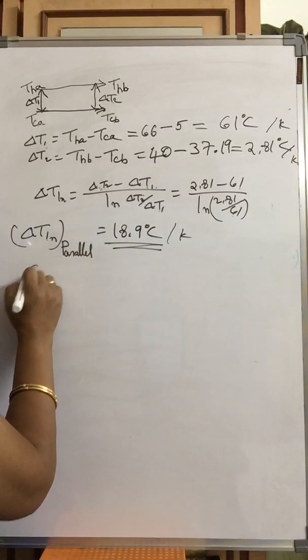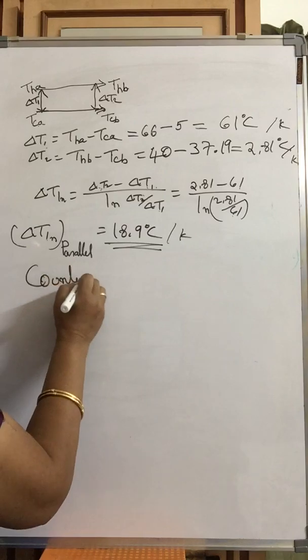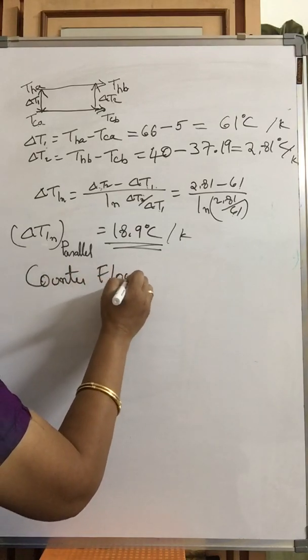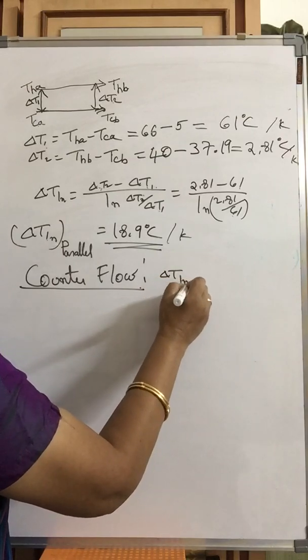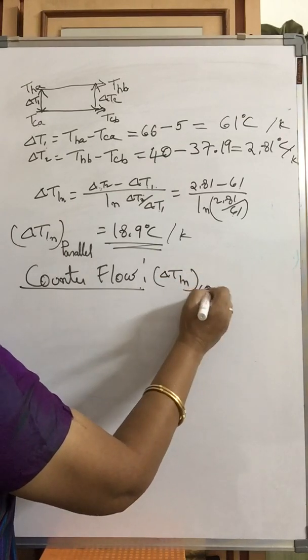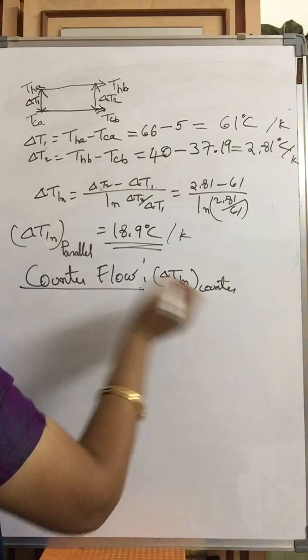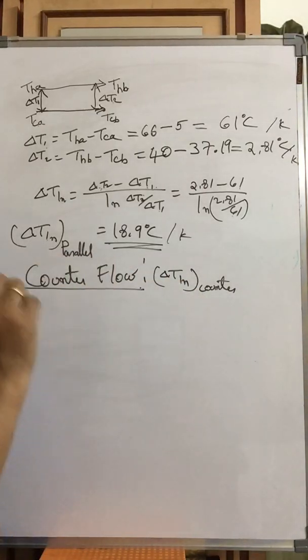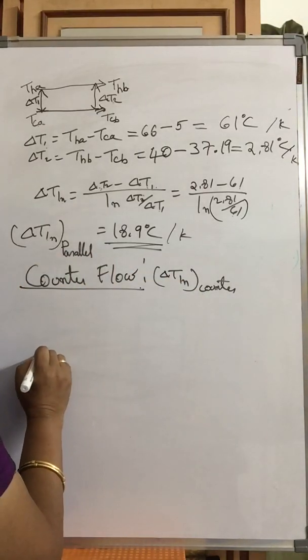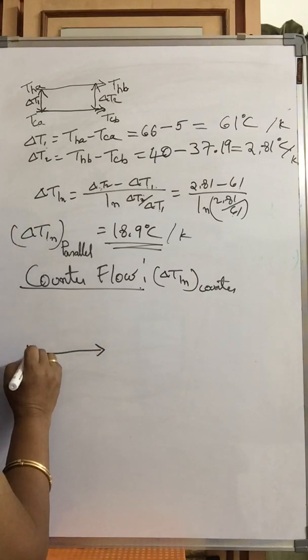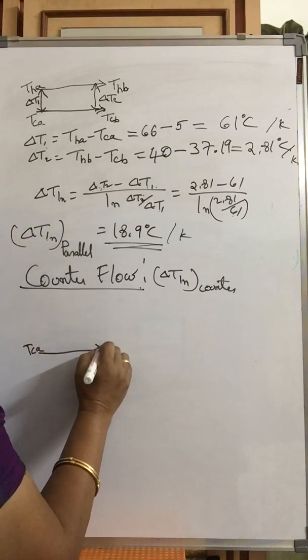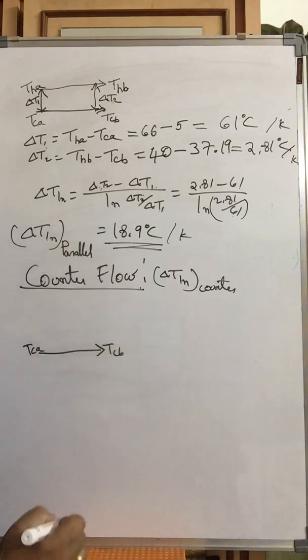Okay, next, counter flow. Calculation of delta T ln for counter flow. For this also use the same method. Two lines. First draw the cold fluid line, let it be TCA and this is TCB.